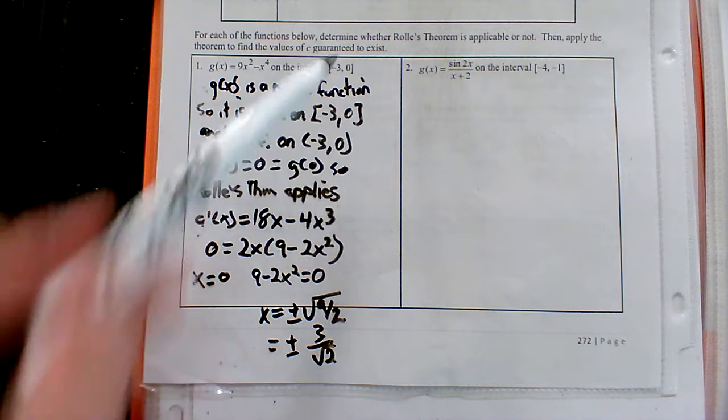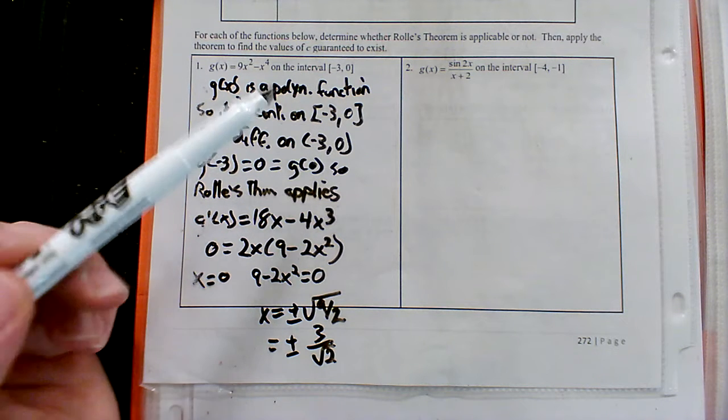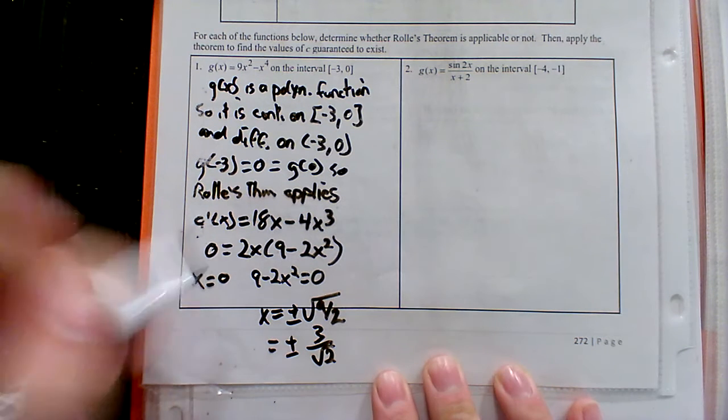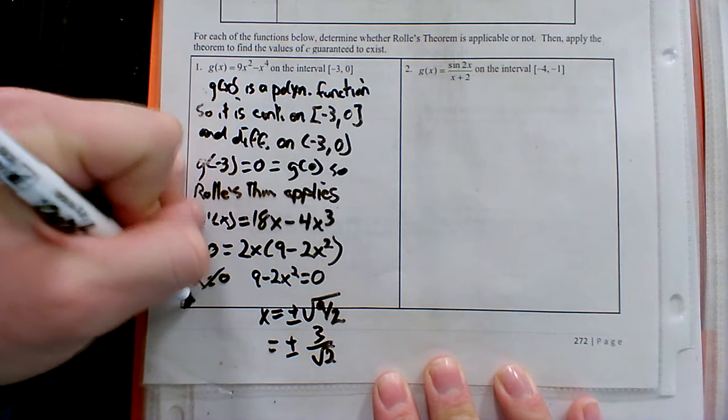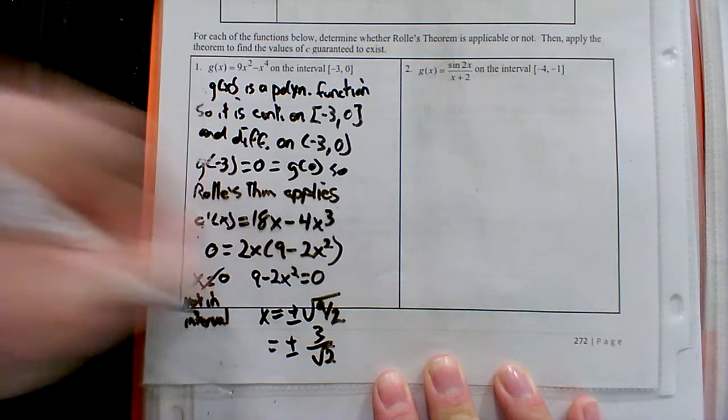Well, the interval is -3 to 0. Can you take the derivative at an endpoint and know what the tangent line is? No, at an endpoint you can't do that. You don't know where it's going after that endpoint, so technically it's not in the interval. Okay, so the 0 can't work.